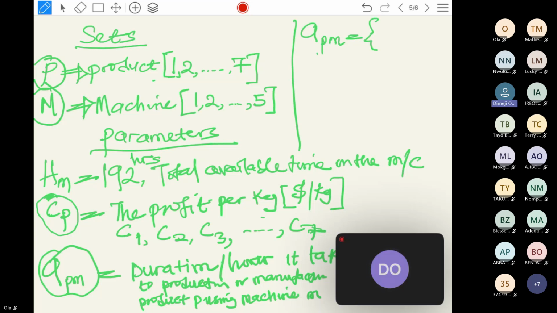Don't forget that P is 7. The dimension is 7. And M, the dimension is 5, right?